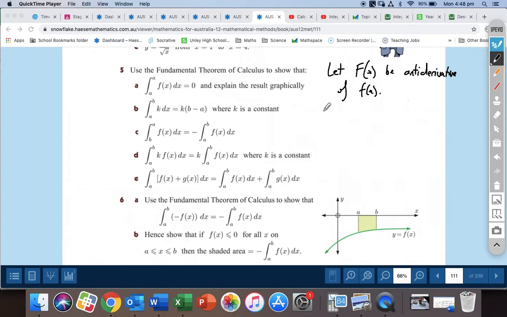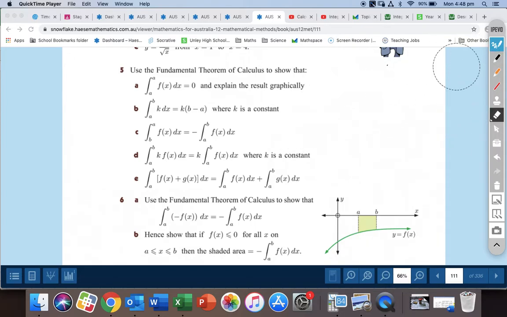So therefore, the integral from a to a of f of x dx would equal antiderivative a minus antiderivative a. And what does that equal? 0. Yep, done. Okay, let's look at the next one.